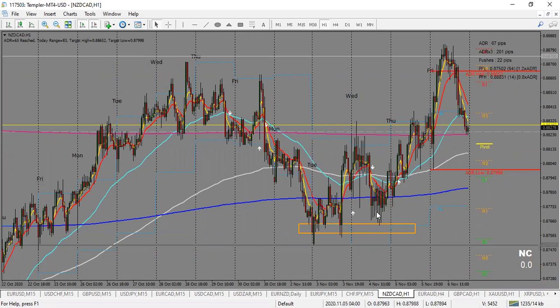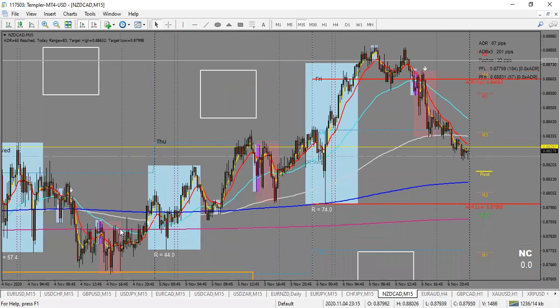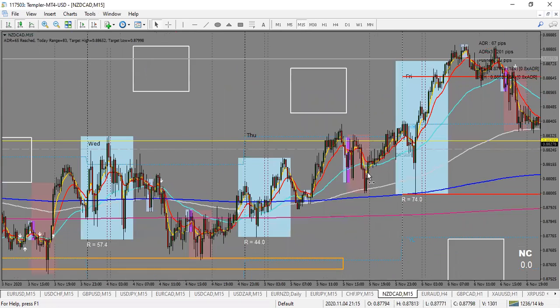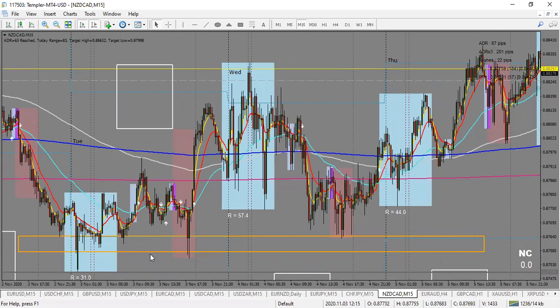And of course, on Wednesday evening is where we grabbed an entry. If you look at it, on Tuesday we had an entry. We had the first leg to the blue tracer and the second leg to the blue tracer. So we had an entry there for a buy.